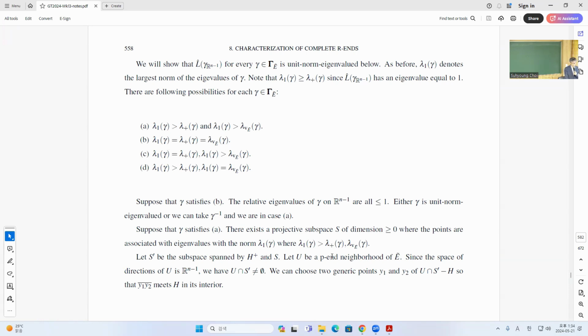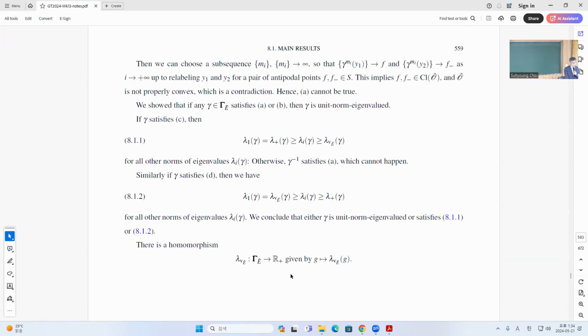So if you consider the case A, then there's some subspace where the eigenvalues are like this, and then again you choose some neighborhood, and you choose some generic point in these components here.